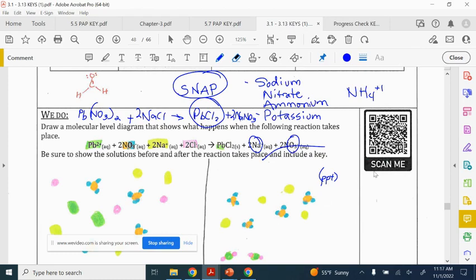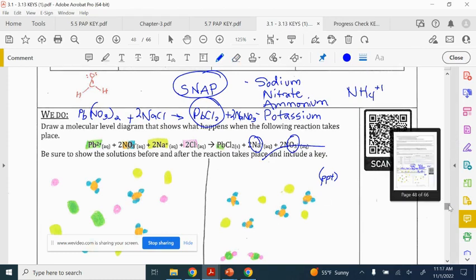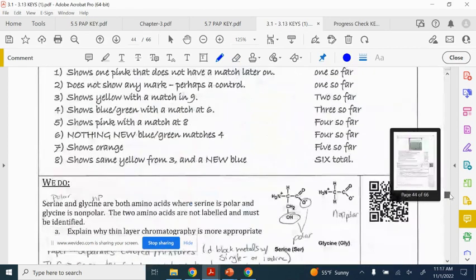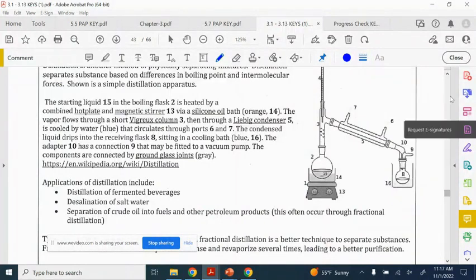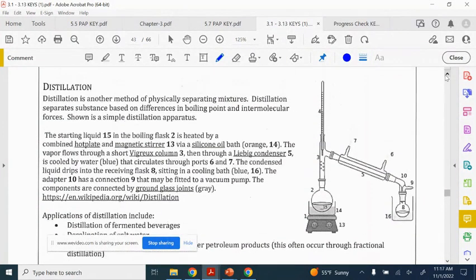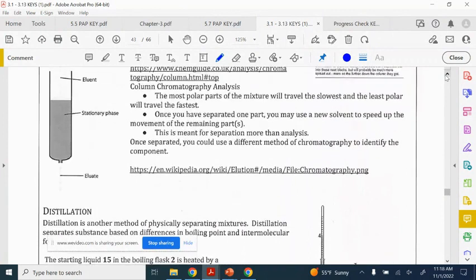So paper chromatography takes place on paper. I'm not being sassy. Okay. I'm just saying. And then the other one, thin layer chromatography.